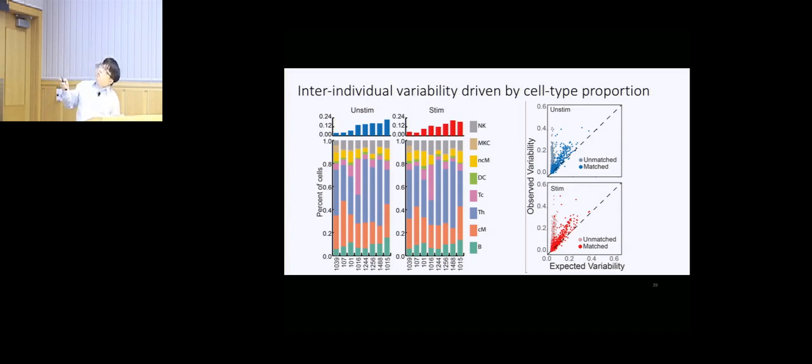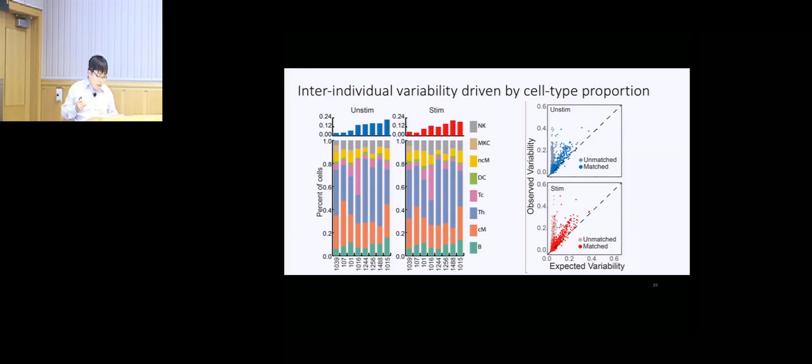So this result is really encouraging: you can more precisely understand which genes are actually differentially expressed within the same cell types, which would be more interesting. And you can disentangle the effect of cell type proportion from the actual differential expression result.